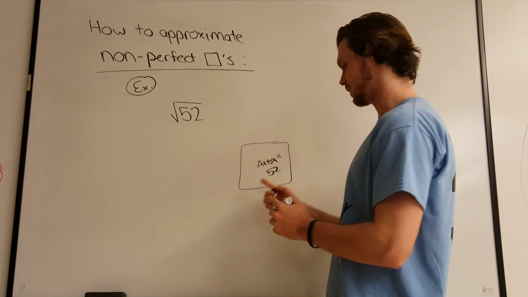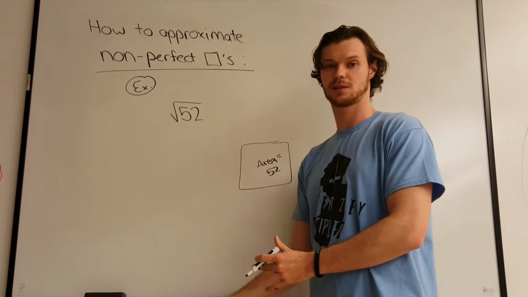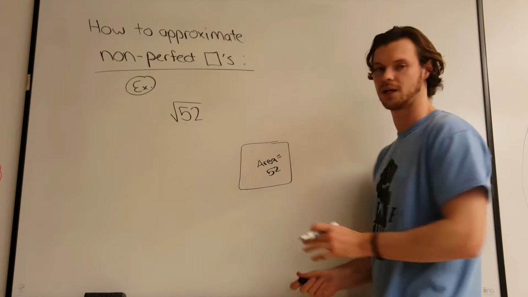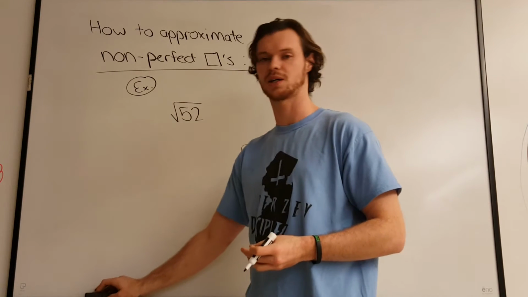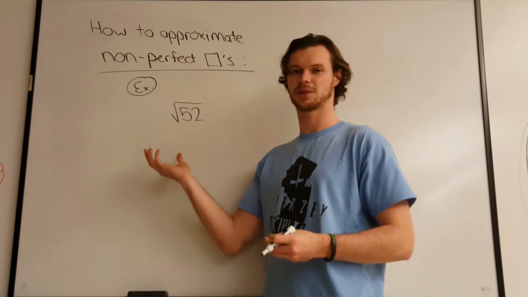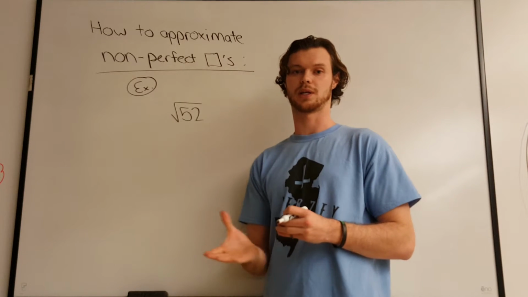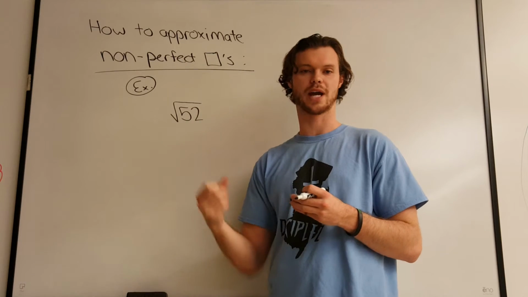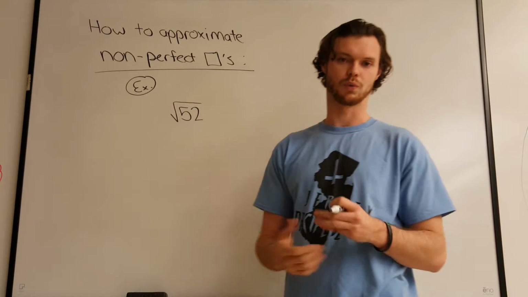So yes, there is a square that exists. It's just not a perfect square because the side lengths are not nice whole integers. So we need to approximate a number that we can work with, because I just said it really comes out to an irrational answer. But I want to make a rational approximation that we can work with.